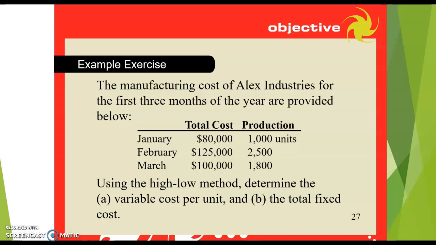We're still going to follow the same method. We have to choose the high and the low. In this case, the highest amount is February, 2,500 units, and the lowest amount is January, 1,000 units. So that's what we're going to use for our high and our low. Then we have to figure out the variable cost per unit and the fixed cost.